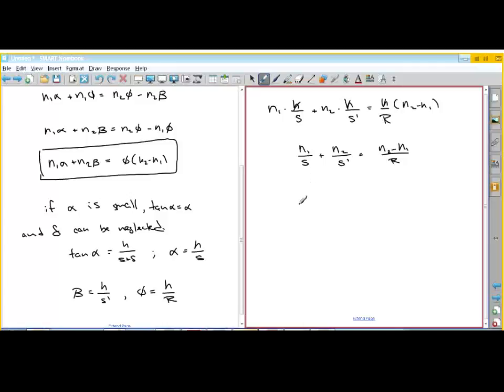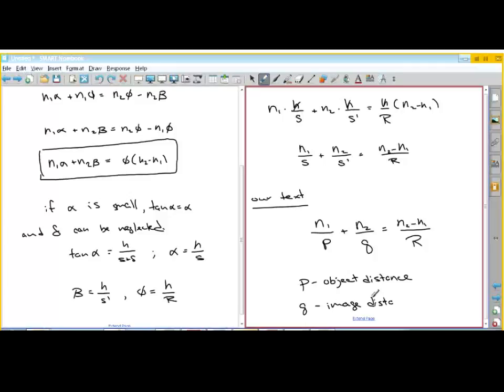In our book, using their terminology, you have n1 over p plus n2 over q is equal to n2 minus n1 over r. Where p is the object distance, the distance from the center point of the lens to the object, and q is the image distance.